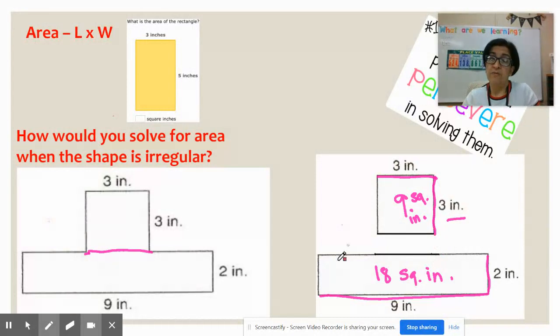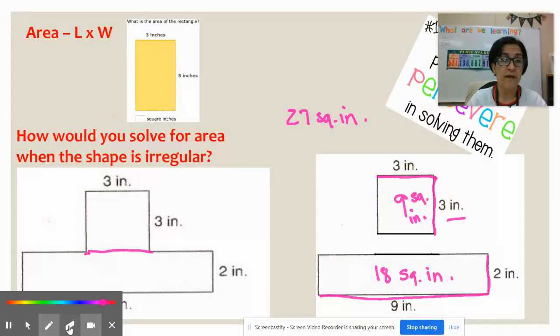Now I have to combine this. So 18 plus 9 equals 27 square inches. That would be the total area of the shape. If it were just like this, we wouldn't be able to solve it that way. Okay.